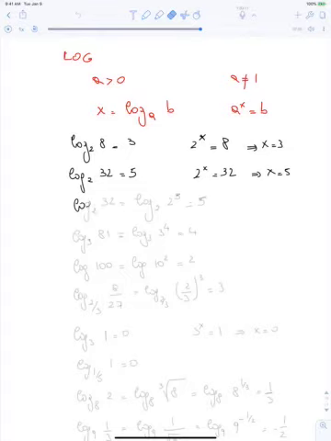Another way to write it is express the argument as a function of the base. So the log base 2 of 32 can be written as the log base 2 of 2 power 5. So the result is 5.